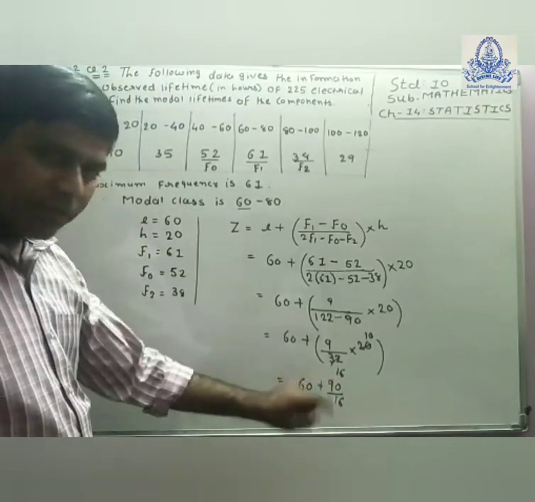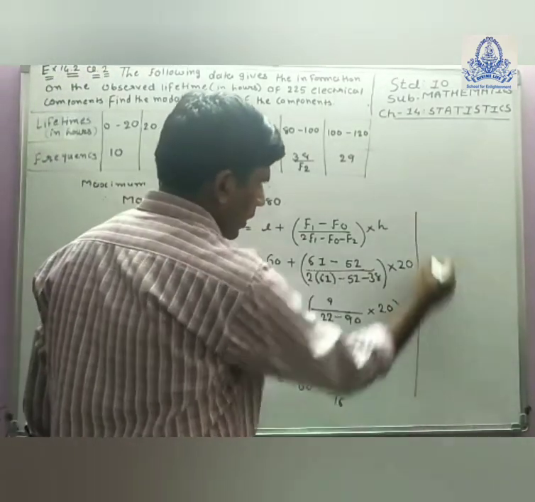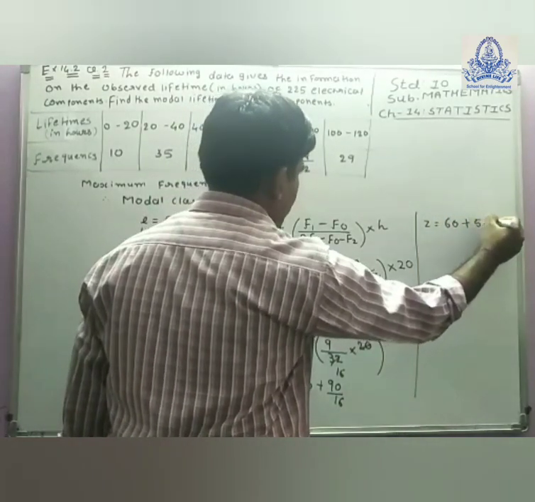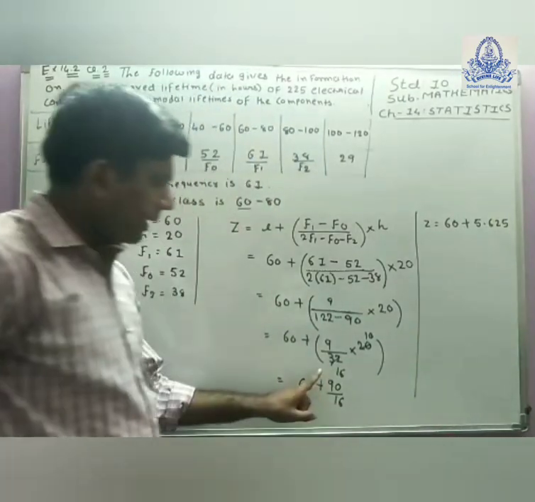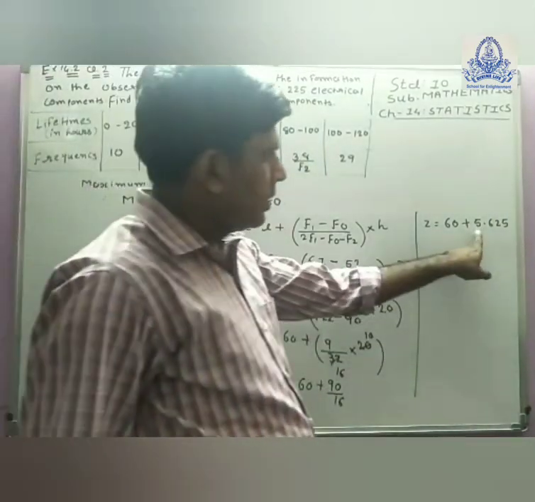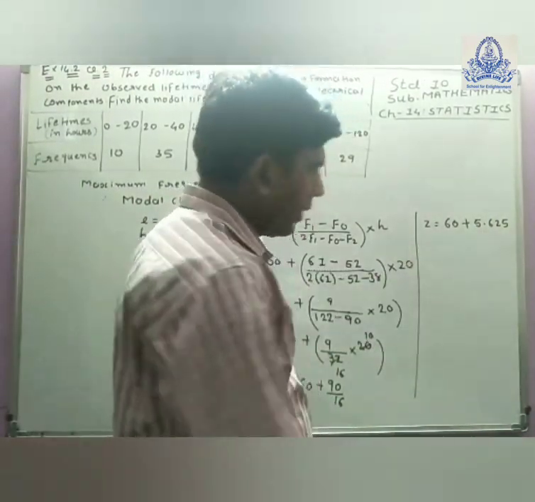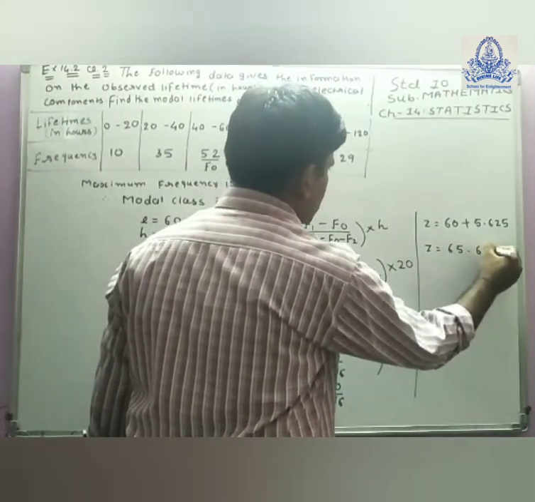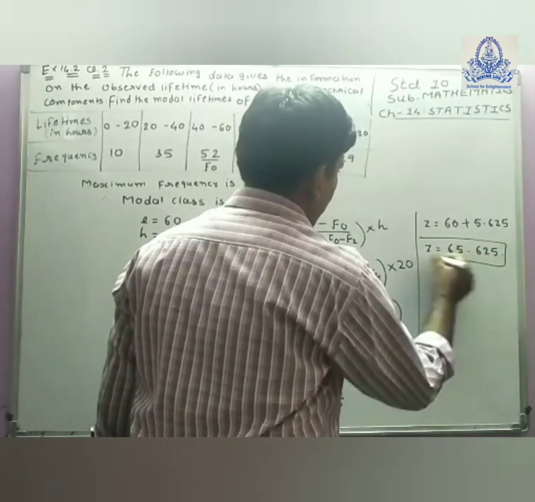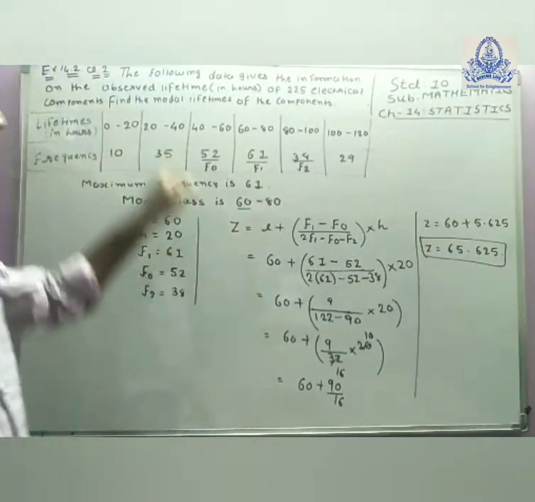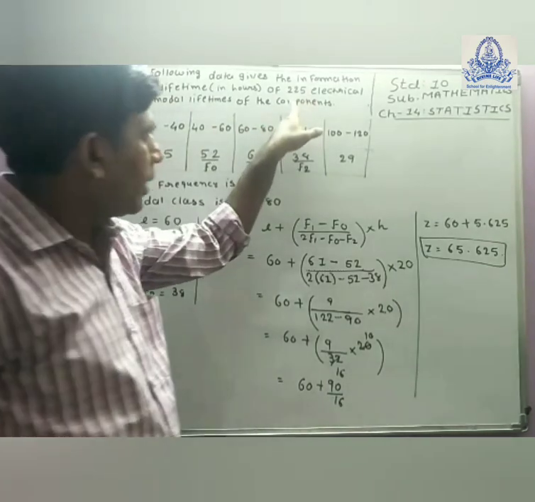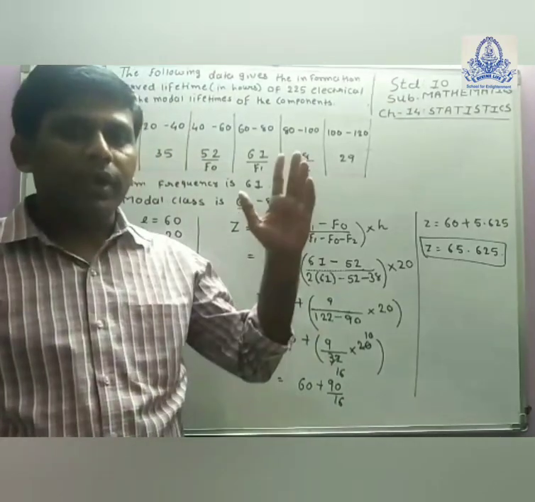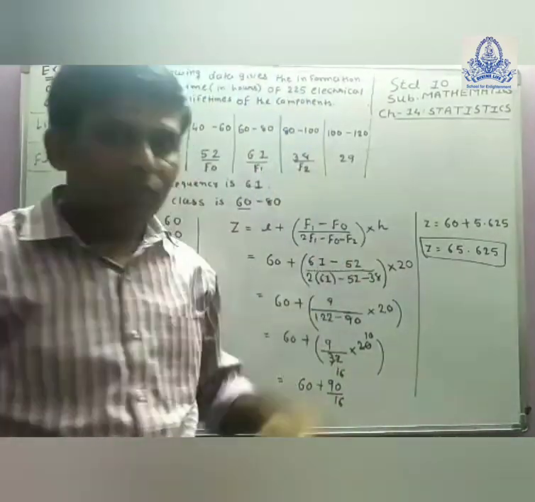When 90 is divided by 16, our answer is 60 plus 5.625. 90 divided by 16 gives 5.625. So the addition is 65.625. So this is our answer. That means the modal lifetime of the components is 65.625.